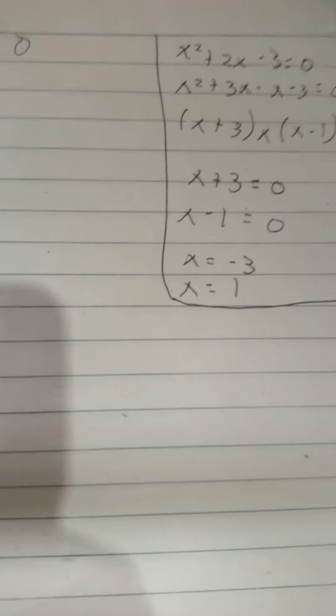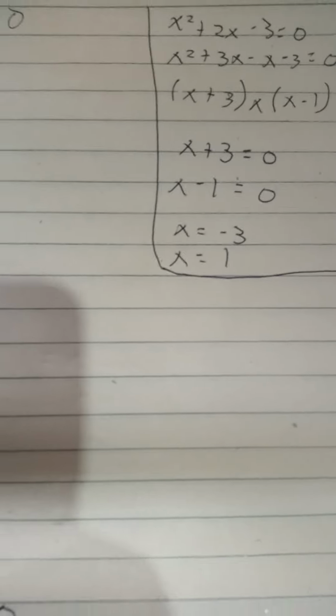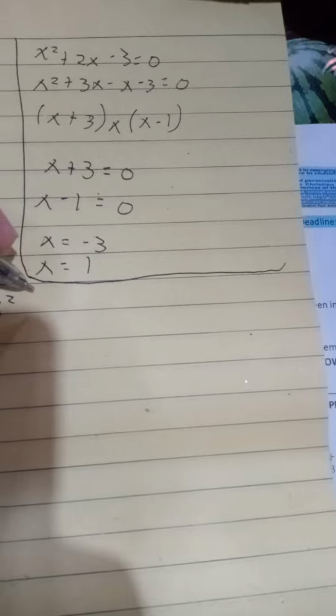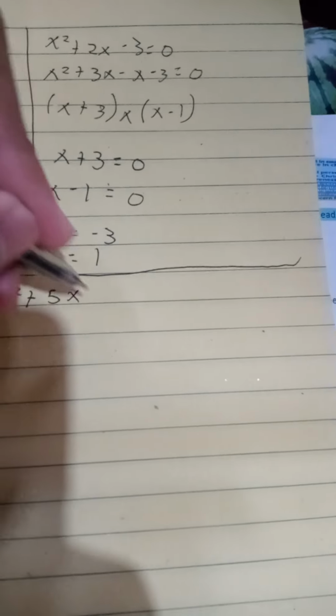So rewrite the expression: x squared plus 5x negative 6 equals 0.